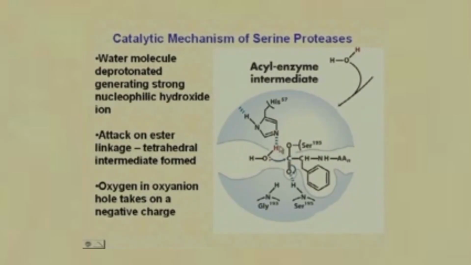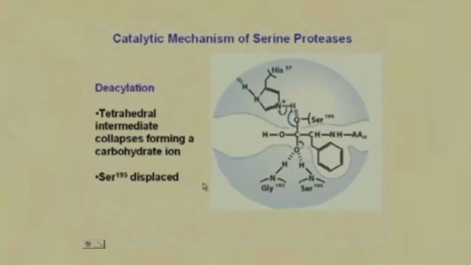So we have a water molecule. The water molecule proton is abstracted by histidine. Okay. Then we have the OH minus hydroxide ion attack the carbonyl to form a CO minus. Now what is going to happen is the CO minus and the OH is linked here. What happens is this O minus is going to come back to form what?